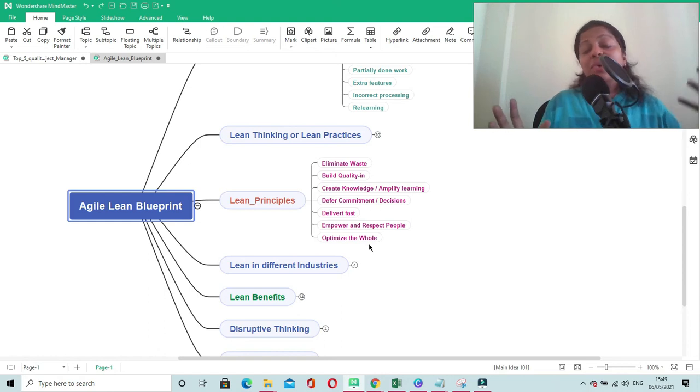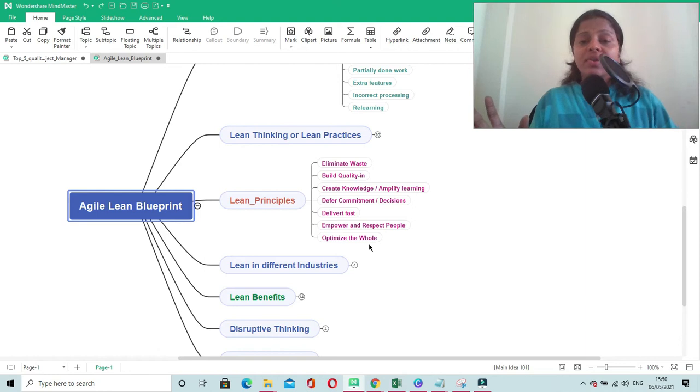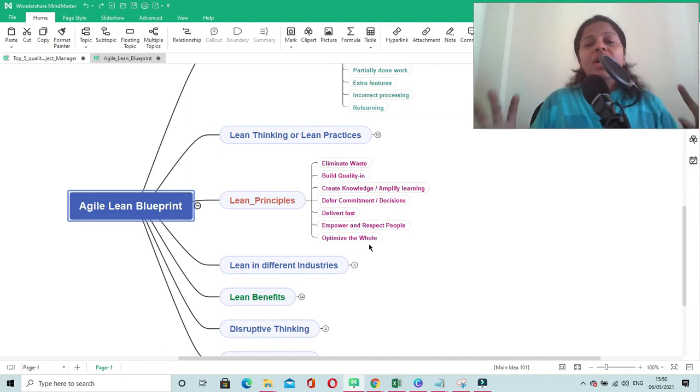In the initial stage, you might not have a complete idea about how the product will look because you might be lacking a lot of information and a lot of requirements. So as and when you work on that product development, more and more information will be disclosed and you will be able to understand more and more detail about your product. So that is going to help you optimize the whole. So you have to have a big picture in your mind.